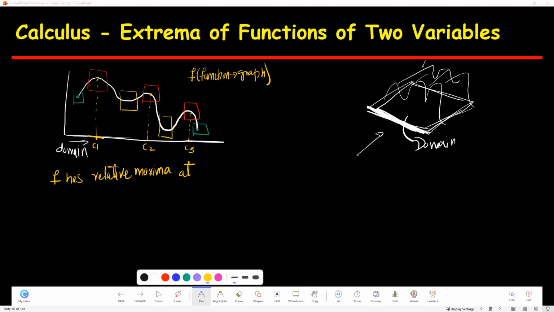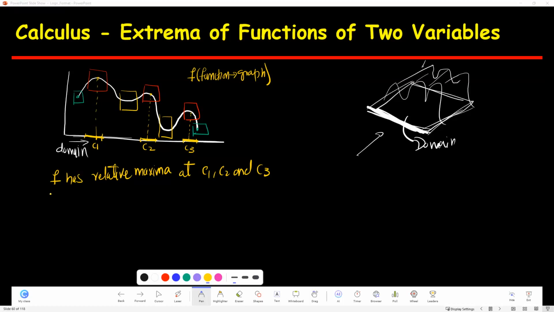So this is my range. Right now I'm looking into this range because this is my box. You can see the red box is my range. Same thing here. F has a relative maxima at C1, C2, and C3.